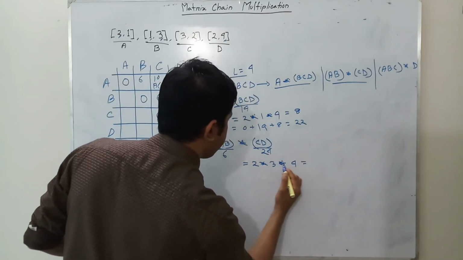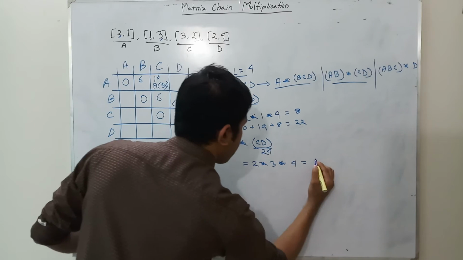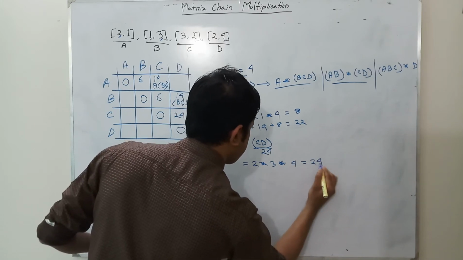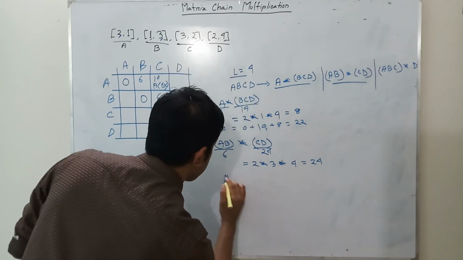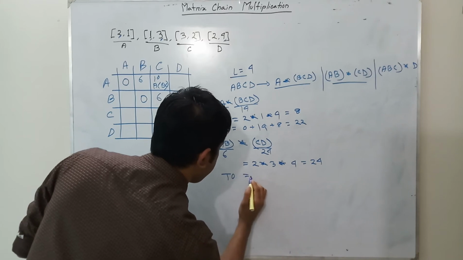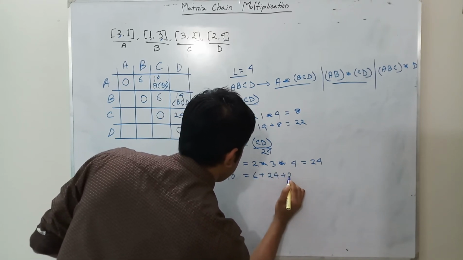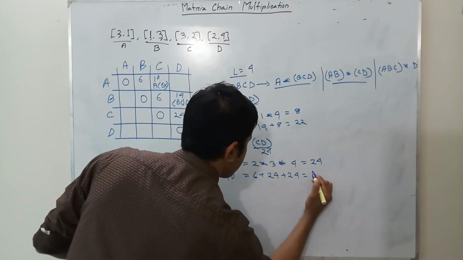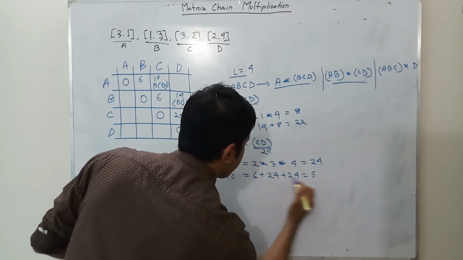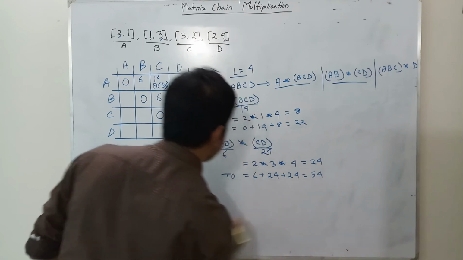So here 3, 4, 12, 24. So total number of operations in this way we need 6 plus 24 plus 24 equals 54.